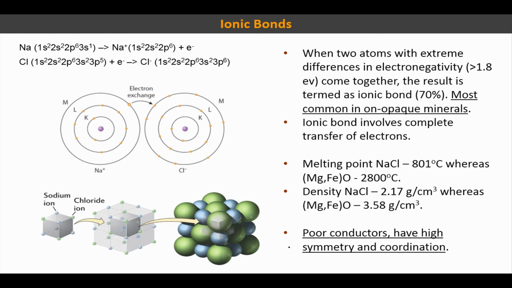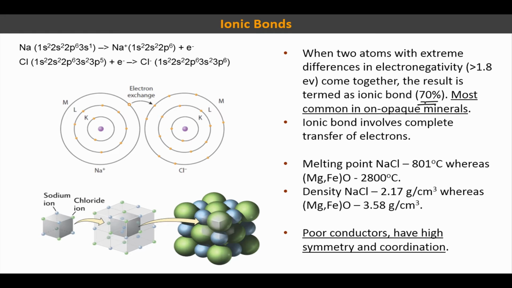Let's talk about the bonding. We will mostly talk about the ionic, covalent and metallic bonds. In the case of an ionic bond, two atoms with an extremely different electronegativity value come together and form an ionic bond. We saw in the case of halide, almost 70% is ionic in character.